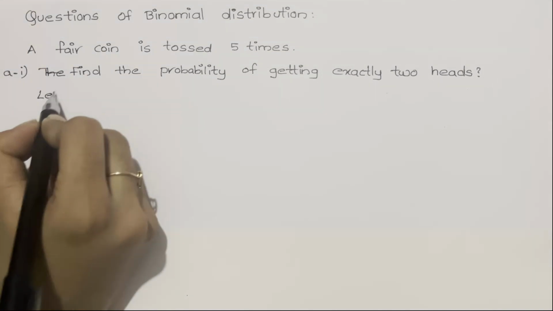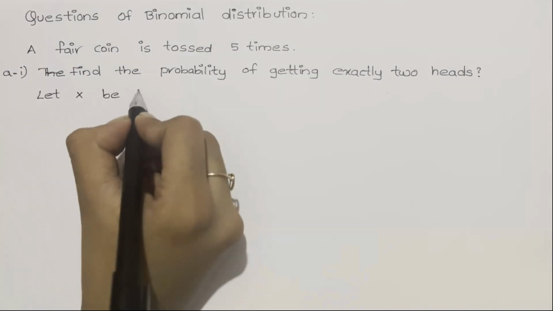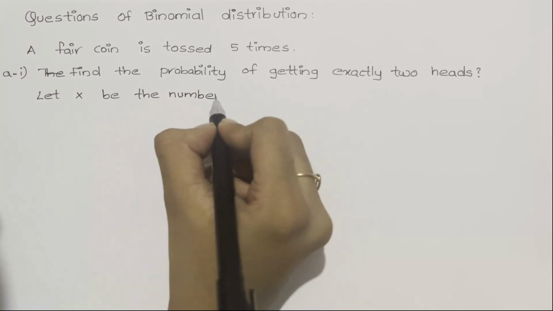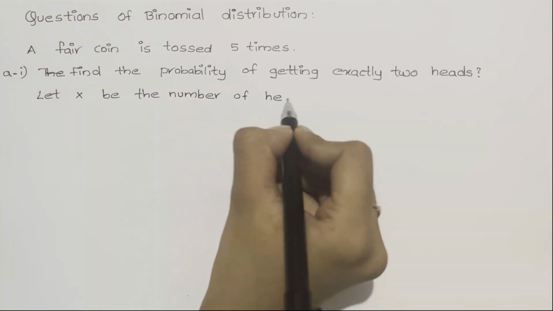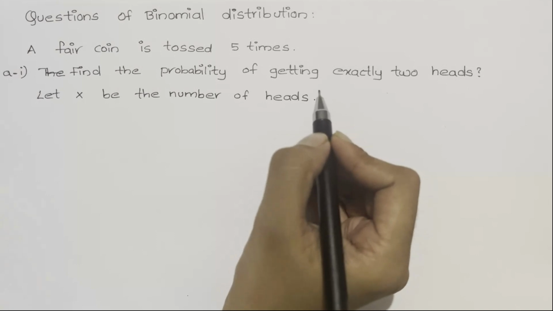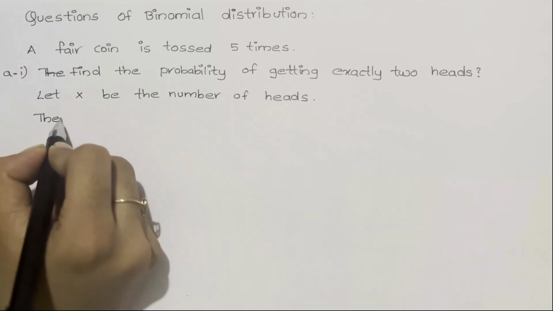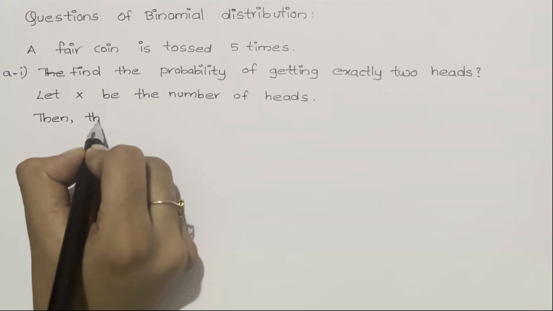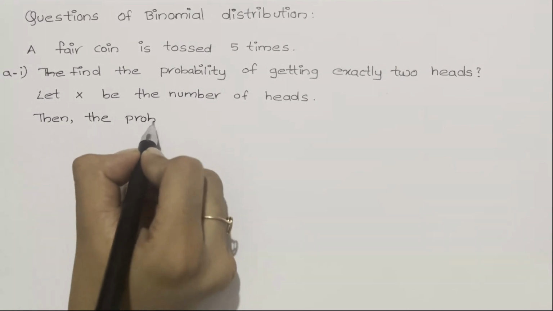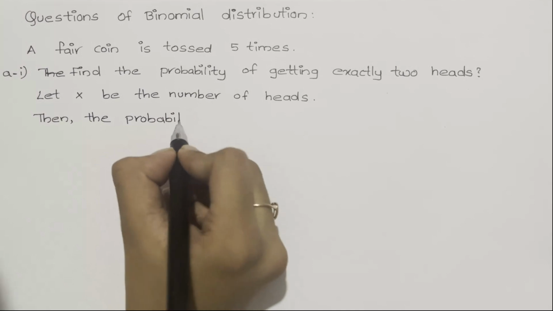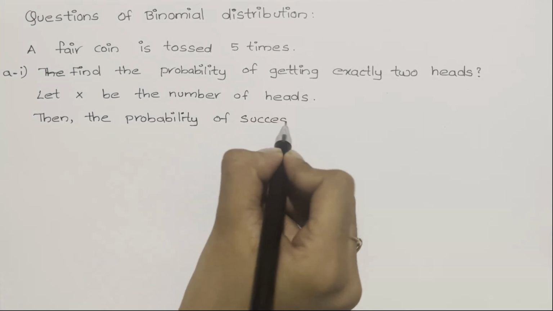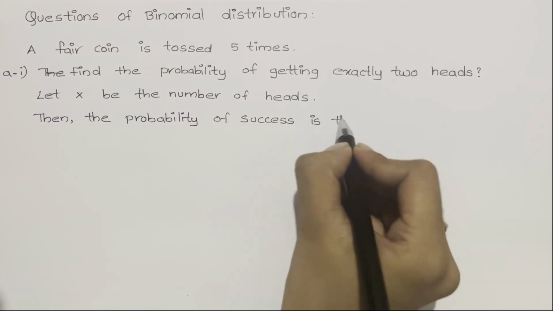Here, let x be the number of heads. Then, the probability of success is the probability of getting heads.